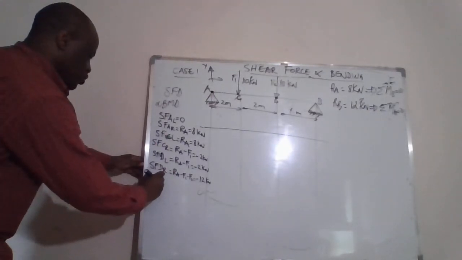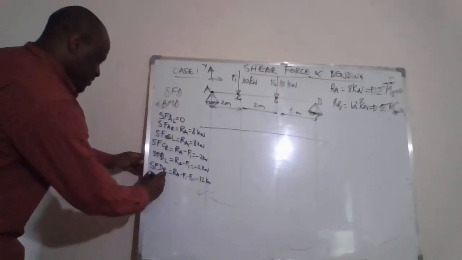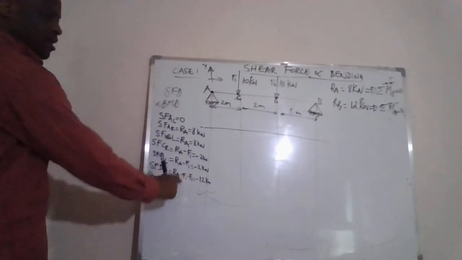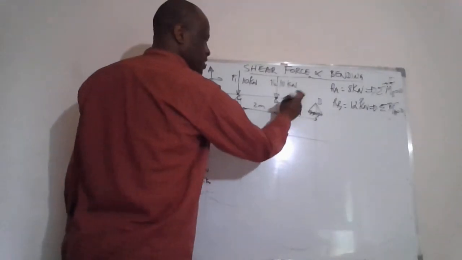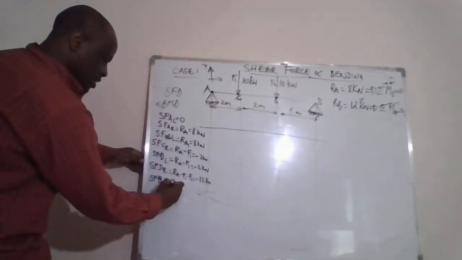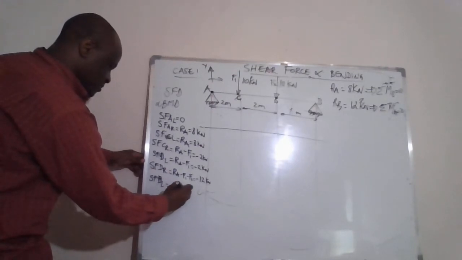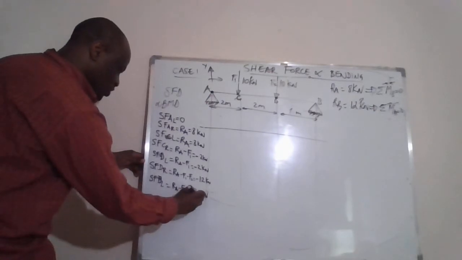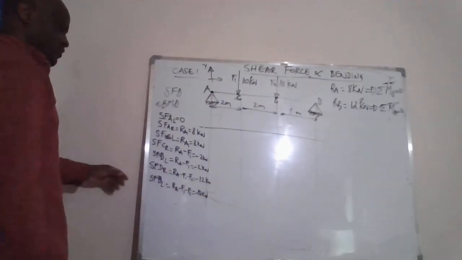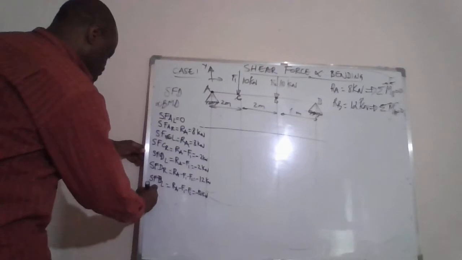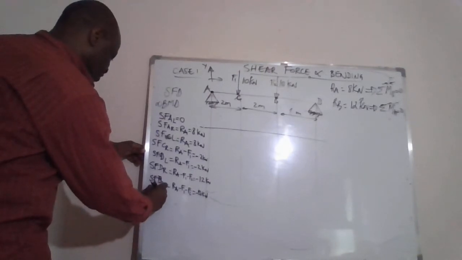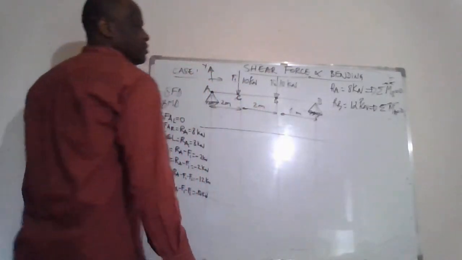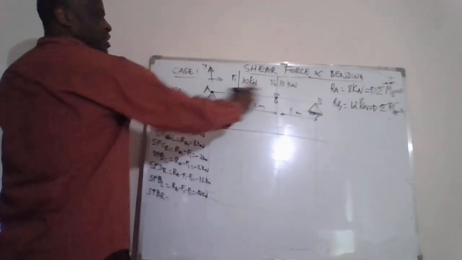Then we go to B left. B left will be the same as the previous. The left of B is here, and the remaining will be the same. The equation will be the same, and the value of the shear force will be minus 12. Then shear force at B right. We are now here. What remains is all this.